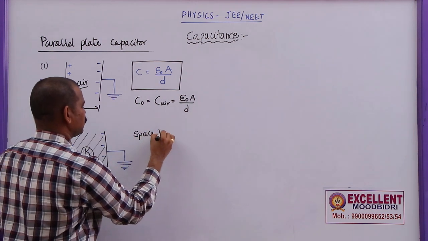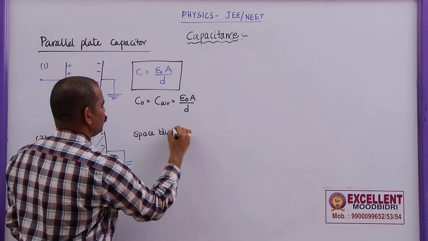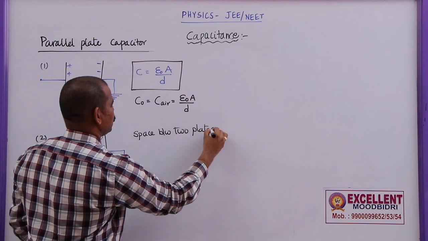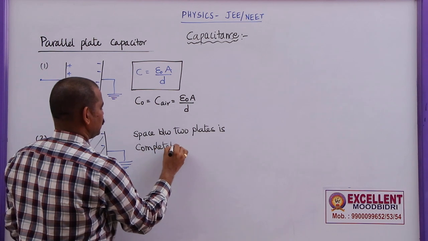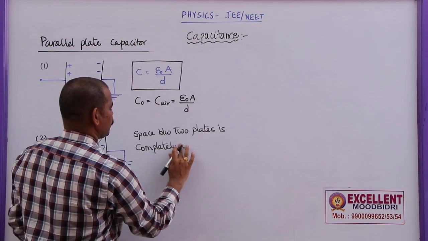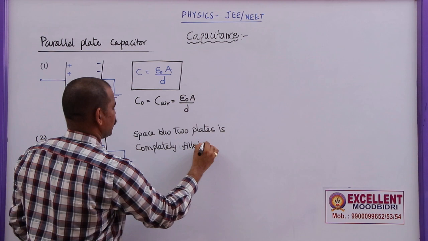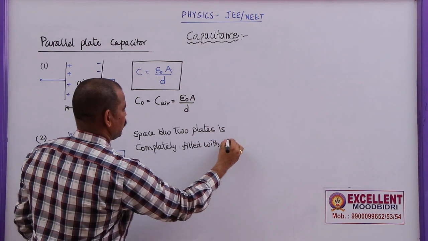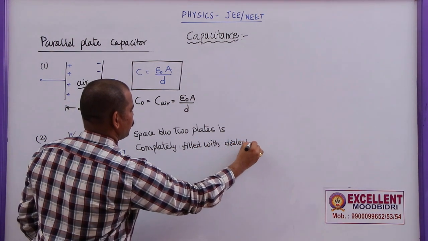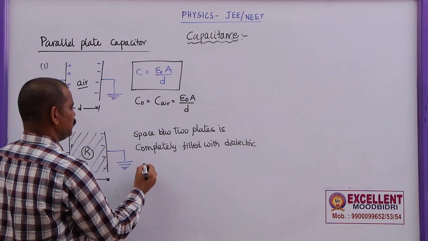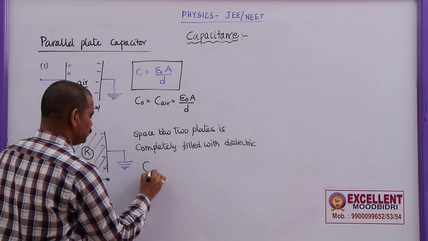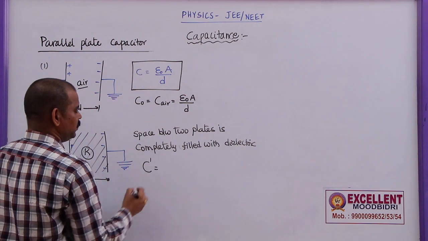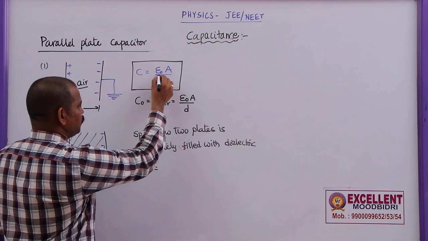that means the space between the two plates is completely filled with the dielectric medium. Then what happens to the capacitance here? The capacitance of this one, let me write C dash, will have epsilon in place of epsilon naught.